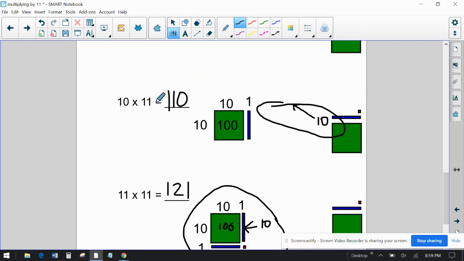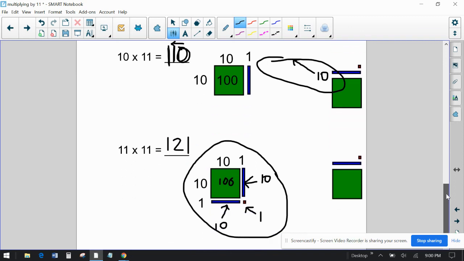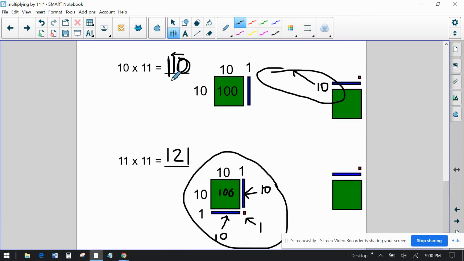When it's times 10, one way you could just write the 11 and then put the 0 in the ones place, so everything gets kind of shifted over a place value. And then 11 times 11, some kids will think about 110 plus 11 is 121. Or you can think about and create your array over here using your base 10 blocks.